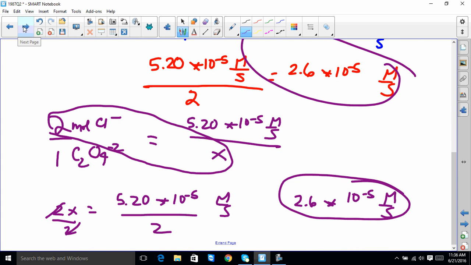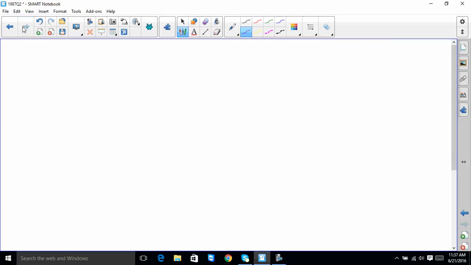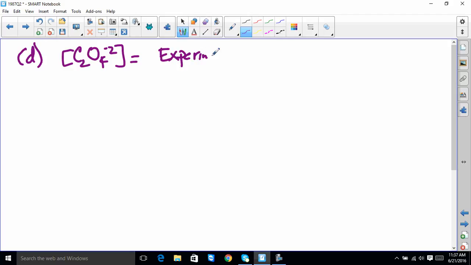And then I think the last question, D, which I don't know where it is, so let me just, because I want to do this. D, it says, calculate the initial oxalate concentration in experiment 4. So what is this concentration initially in experiment 4? And this is interesting because I'm going to do some algebra here.